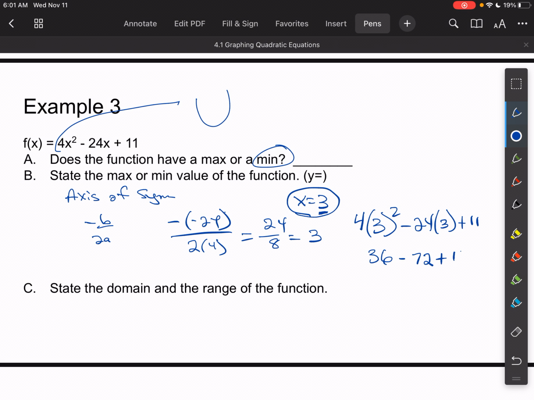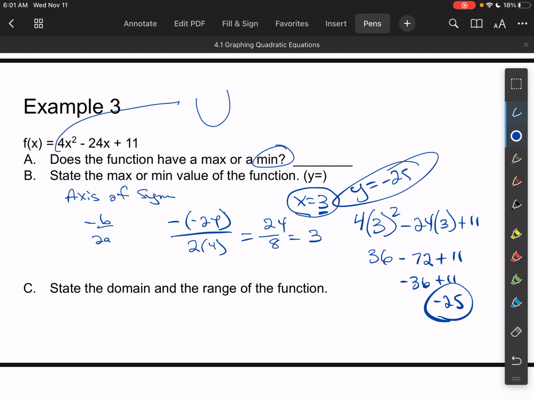Okay, plus 11. So 36 minus 72 is negative 36, plus 11 gives you, what does that come out to? If you add 10 to that, you'd be at negative 26, so this would be negative 25. Okay, so at negative 25, we have our minimum. Y equals negative 25 is the minimum.